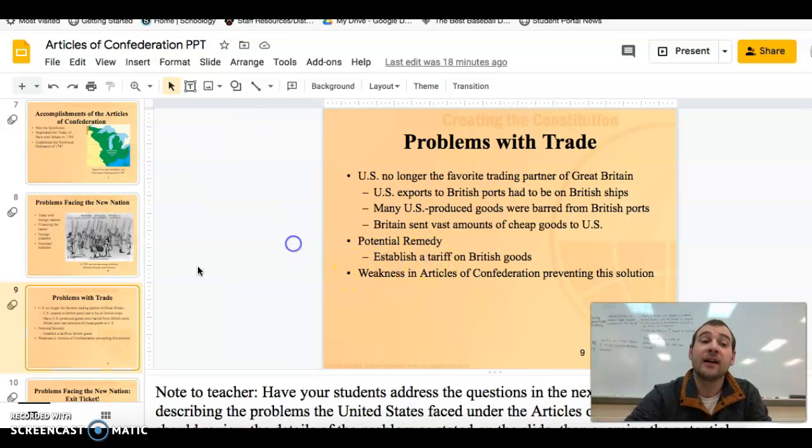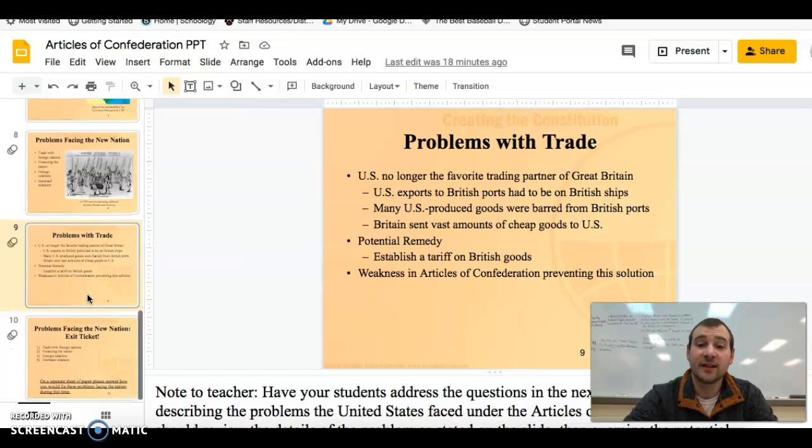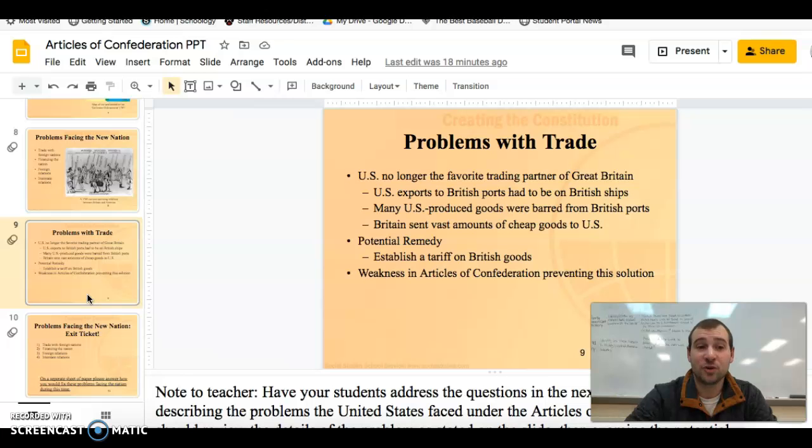So basically, Britain just kind of destroyed our economy by flooding it with cheap goods. Again, just showcasing another poor display of strength by the Articles of Confederation. They wanted a really weak government, and they definitely accomplished that, but they actually made the national government too weak to be sustainable, and that's why we had to scrap them.